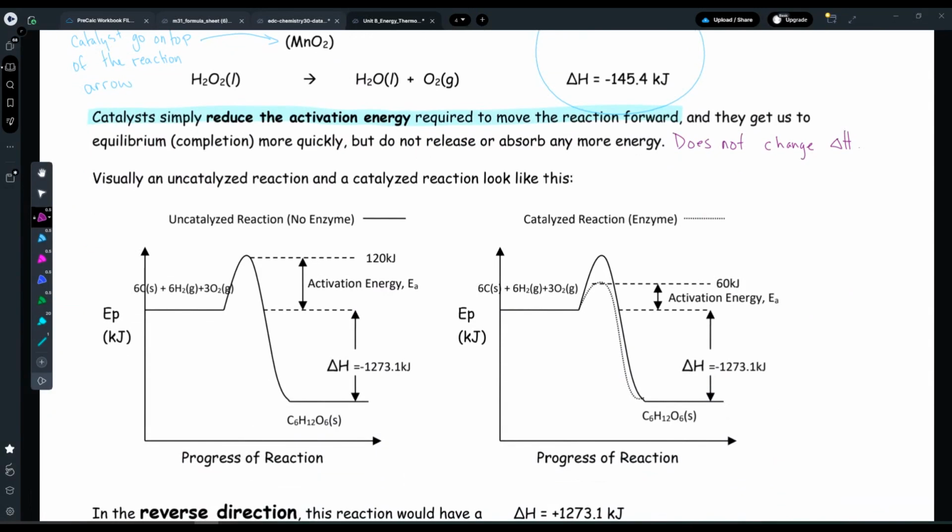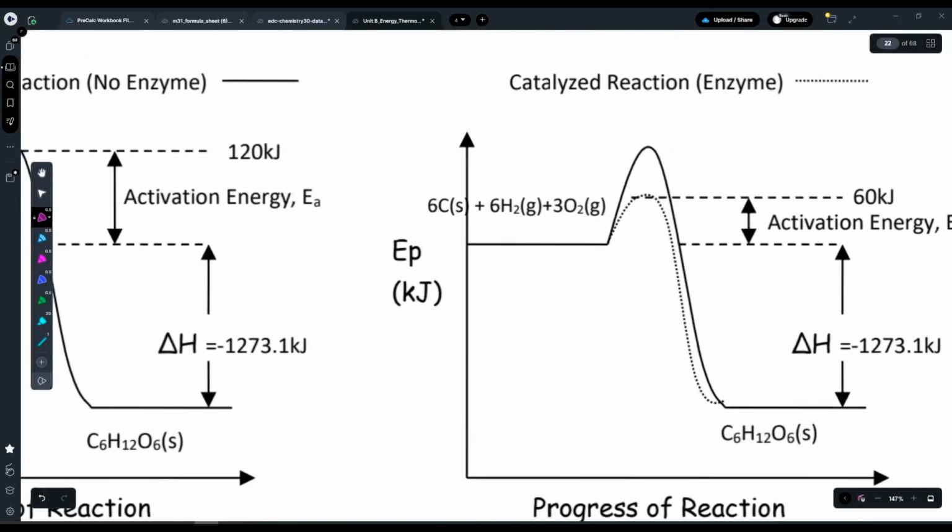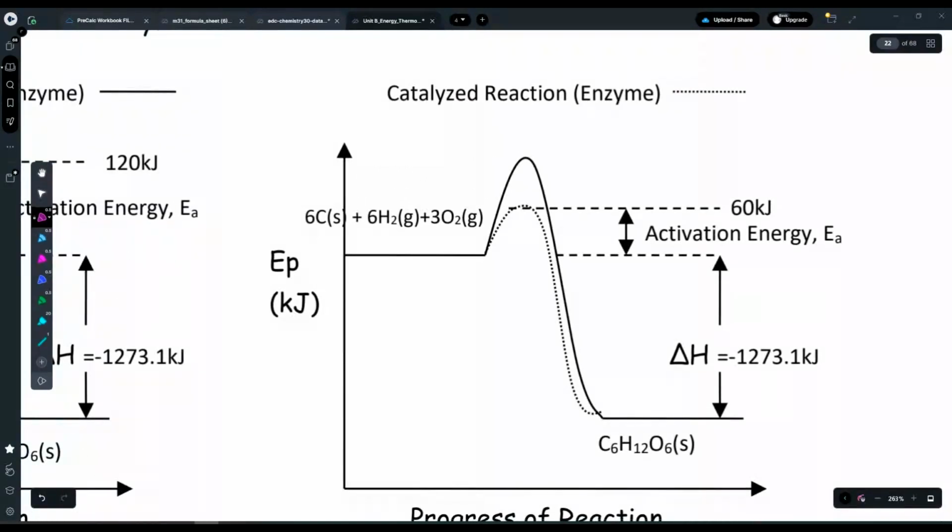If we were looking at potential energy diagrams between an uncatalyzed reaction and a catalyzed reaction, this would be what it looks like. I'm going to focus on this right-hand diagram. The solid line is the uncatalyzed reaction, whereas the dotted line represents the catalyzed reaction.